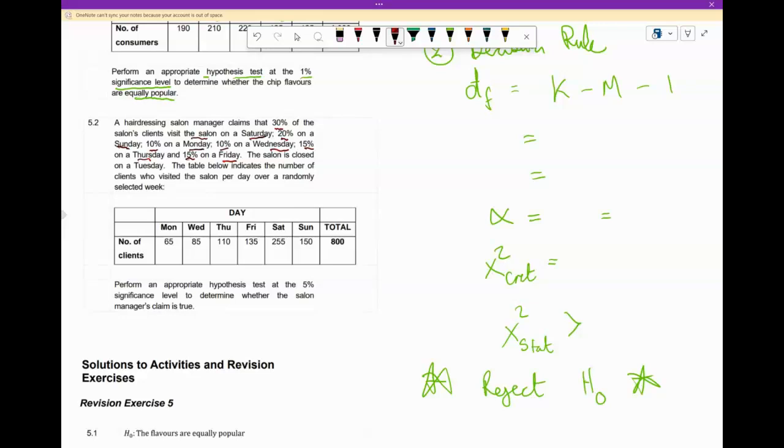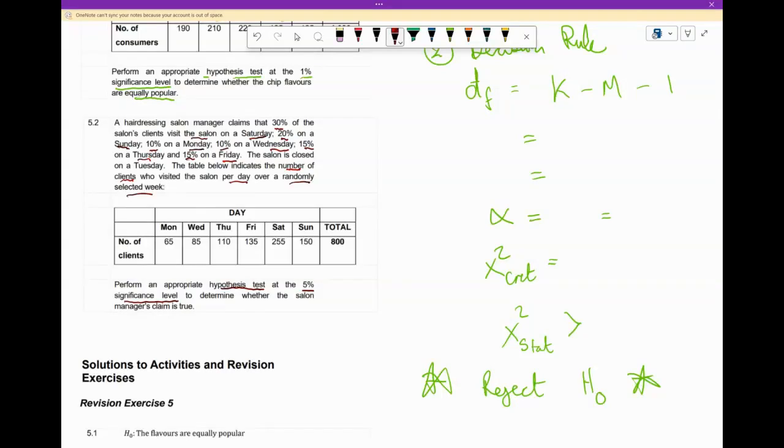The salon is closed on Tuesday. The table below indicates the number of clients who visit the salon per day over a randomly selected week. Perform an appropriate hypothesis test at the 5% significance level to determine whether the salon manager's claim is true.